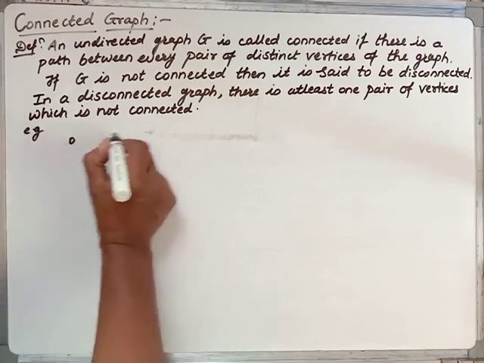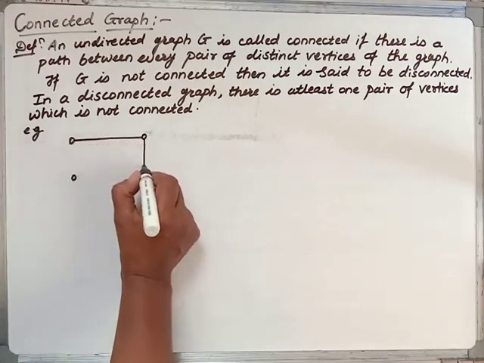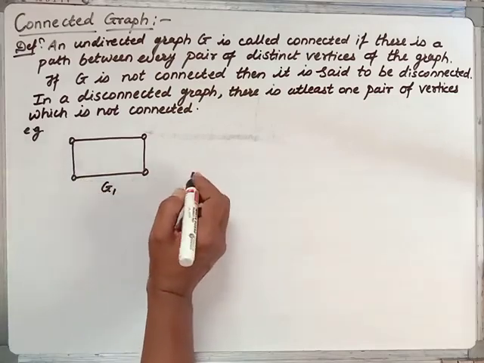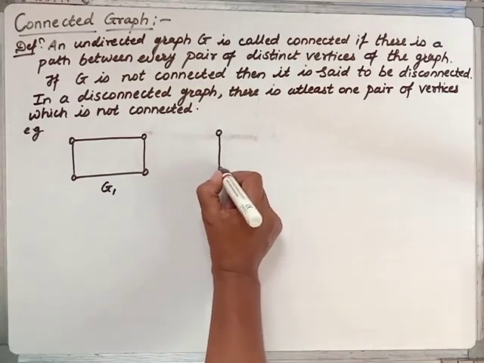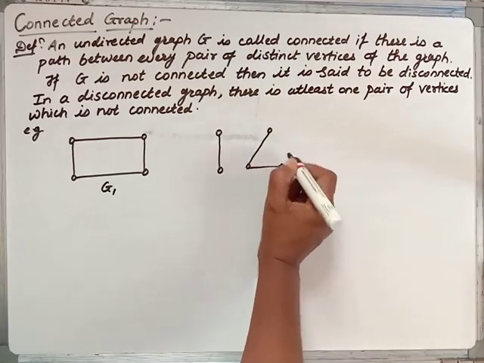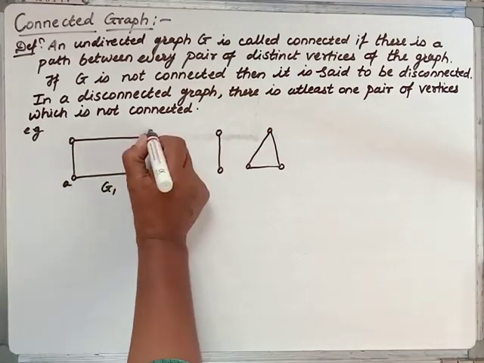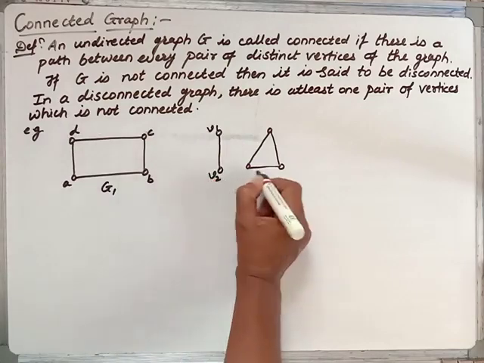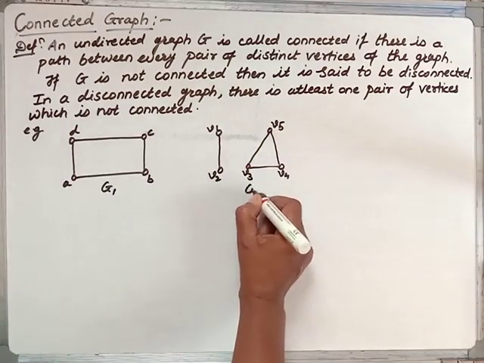For example, now look at this one. Suppose this is G1, and here, given A, B, C, D. Suppose here V1, V2, V3, V4, V5. This is G2.